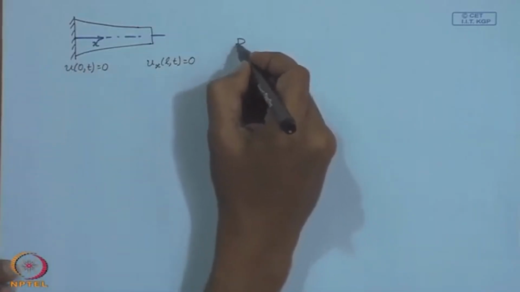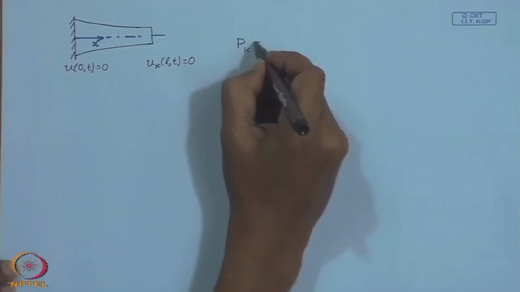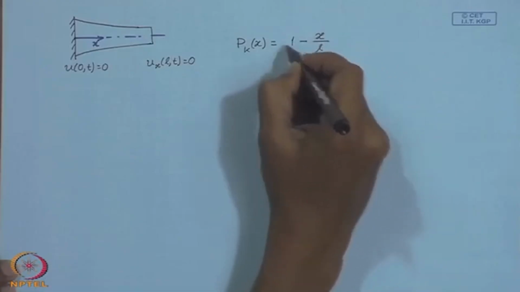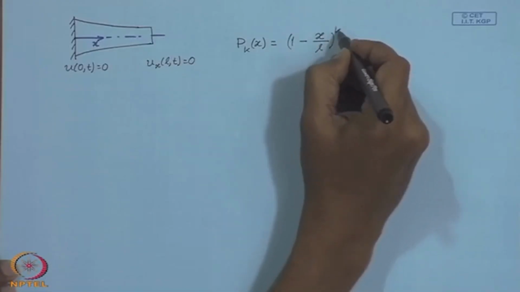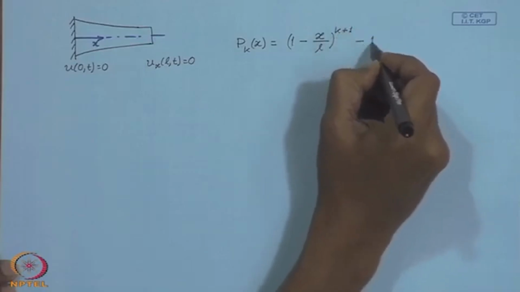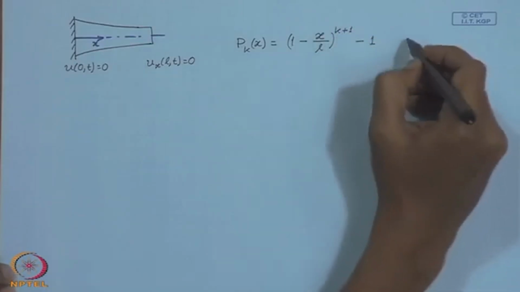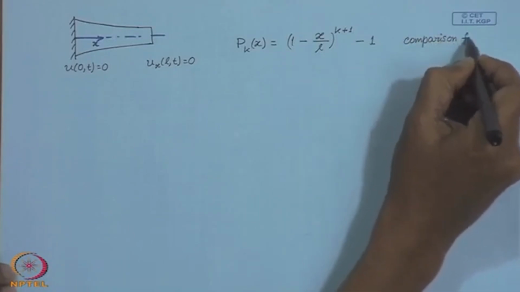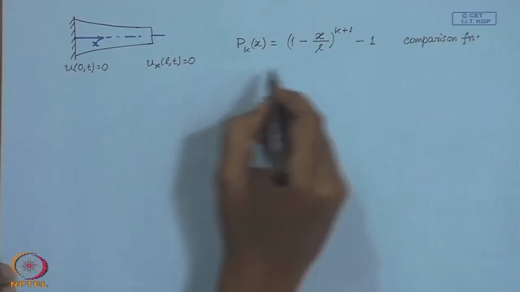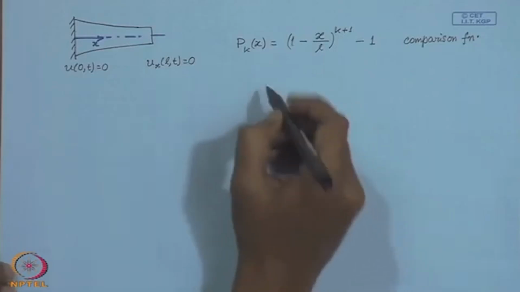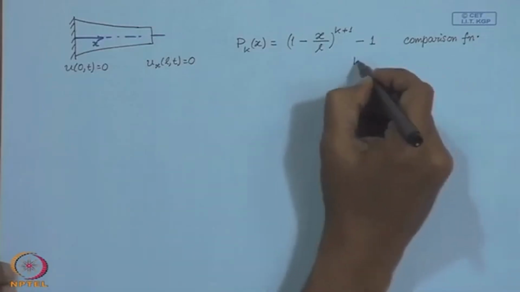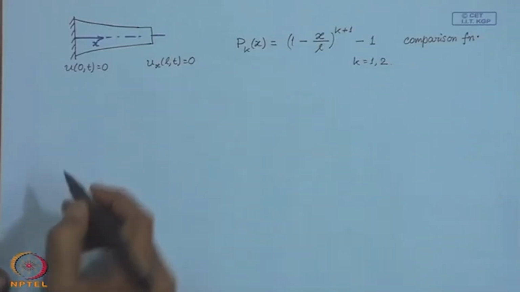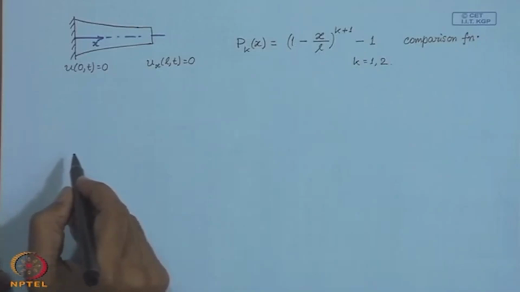So, once again we choose the comparison functions, we will take two comparison functions and discretize the equation of motion.